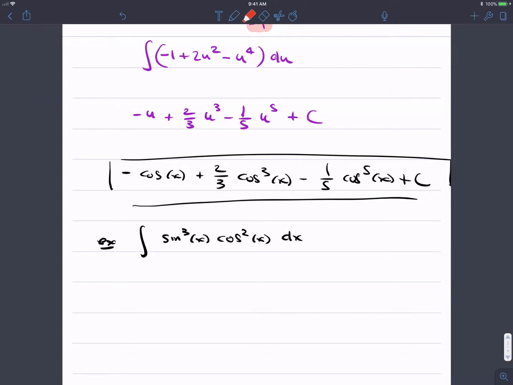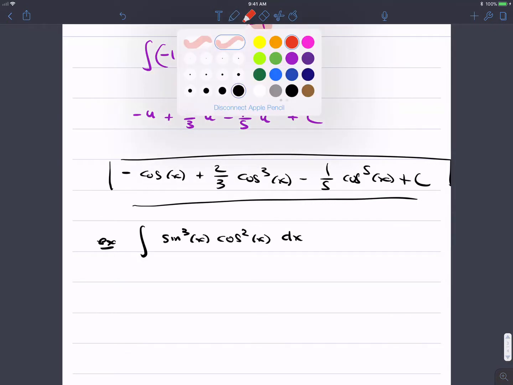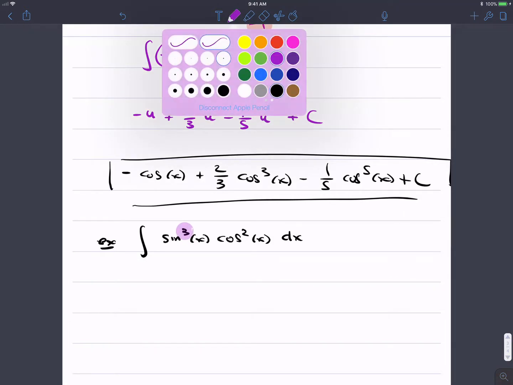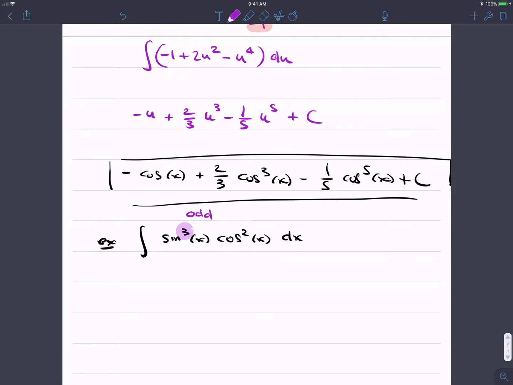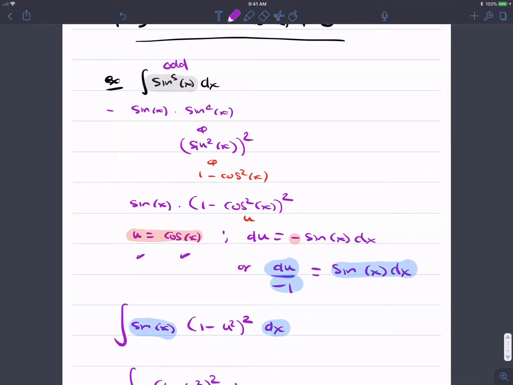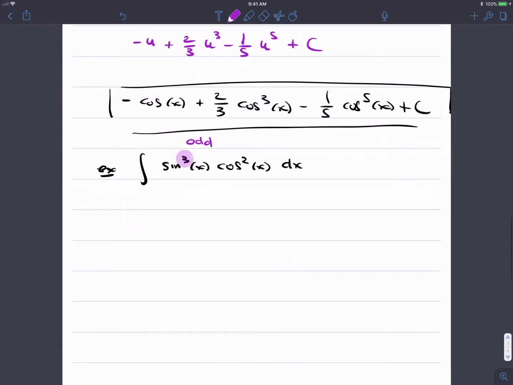What you want to notice again is you have an odd power here of sine. So there's that odd power, just like what we've had in the past. We're going to use this approach when we have an odd power of sine. Notice what this does then. We're going to factor out a sine here, and we get sine squared cosine squared.